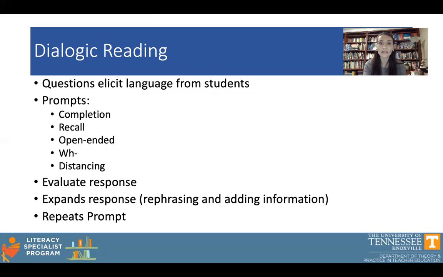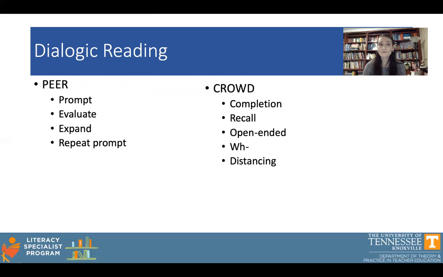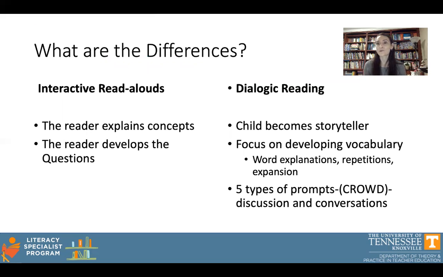So the prompt will be completion, recall, open-ended, WH, and distancing. And then during this process of the prompt, there will be the evaluation of the response, the expansion and addition, and then repetition. So this is an opportunity for the learner to engage in the reading, but also to initiate questions and be, in other words, engaged.